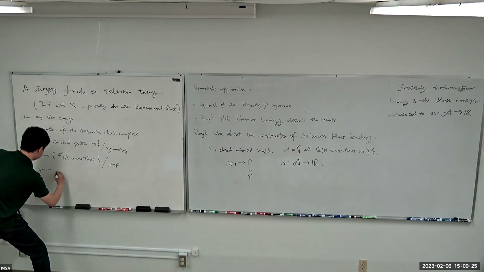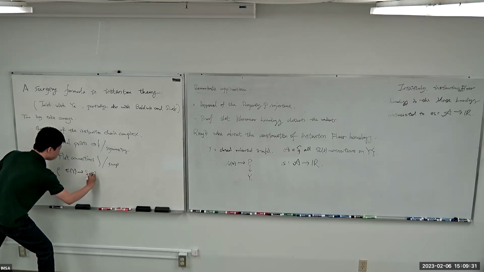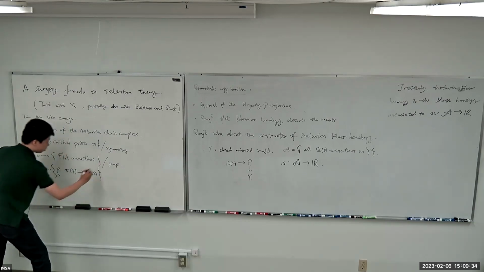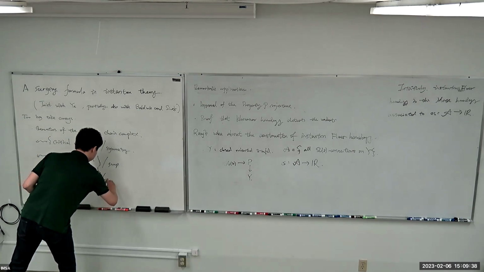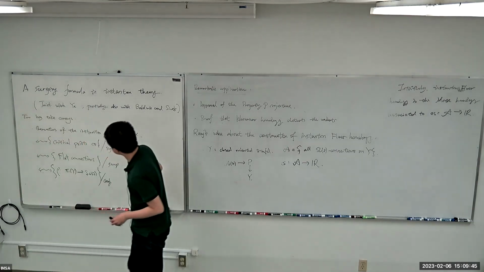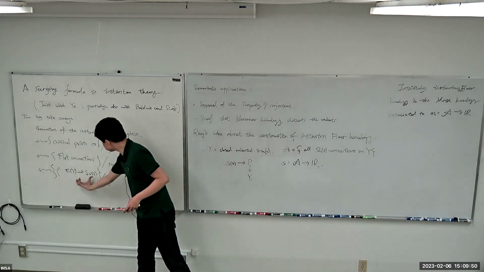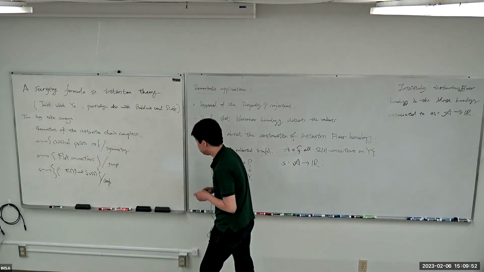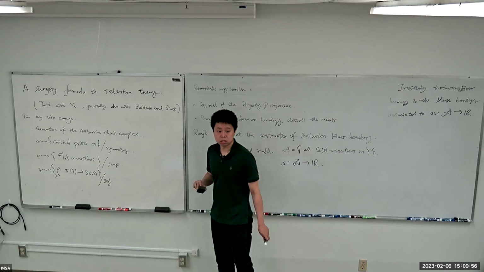So this corresponds to the group homomorphisms from the fundamental group of Y to SU(2), and the symmetry becomes conjugation of the SU(2) group. Finally, our conclusion is that the generators of this Instanton chain complex correspond to SU(2) representations modulo conjugation.